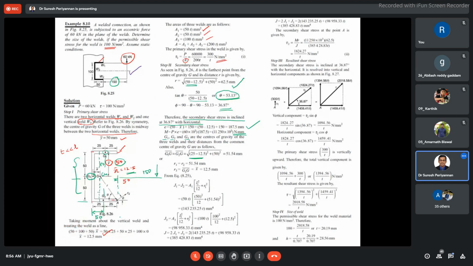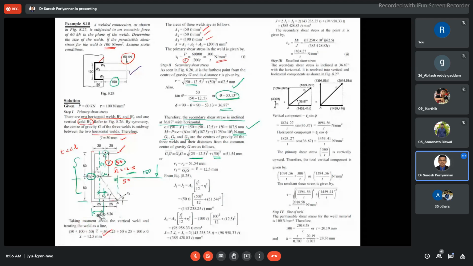Okay, now based on that we are finding our CG1. Anyway, this is y bar, we know very well, 50, but 25 minus 12.5. I made a small mistake here.